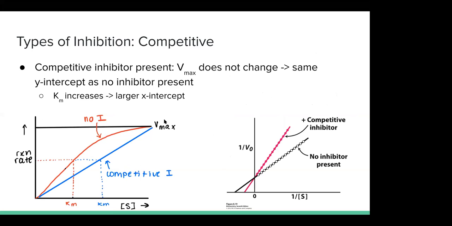On the Michaelis-Menten plot, we can see that no inhibitor in red and competitive inhibitor in blue reach the same Vmax, except Km is larger in the enzyme with the competitive inhibitor present. We can also see that in the Lineweaver-Burk plot. Because plus competitive inhibitor, the red line, has a higher Km, the x-intercept will be closer to the origin.